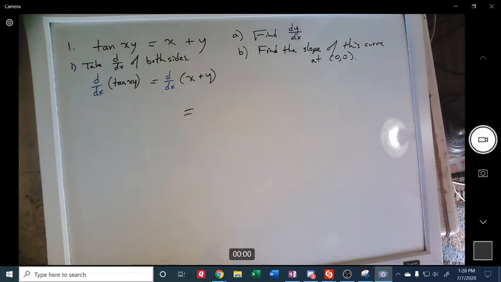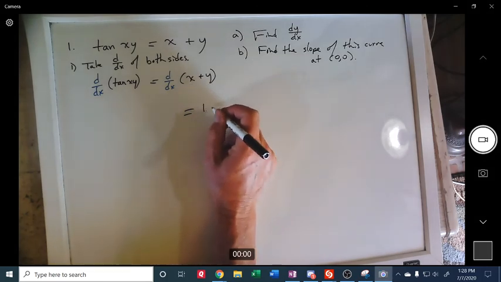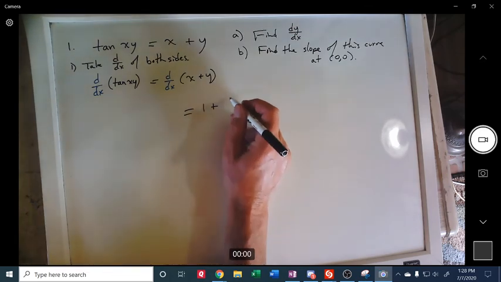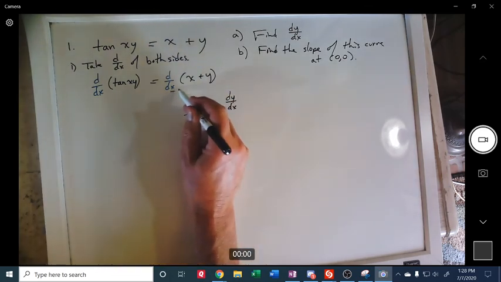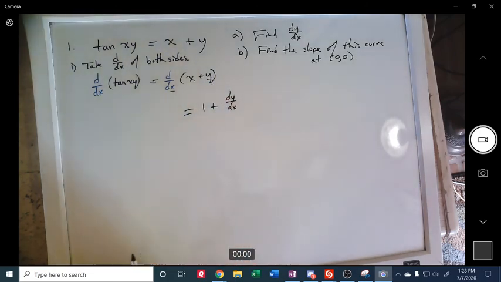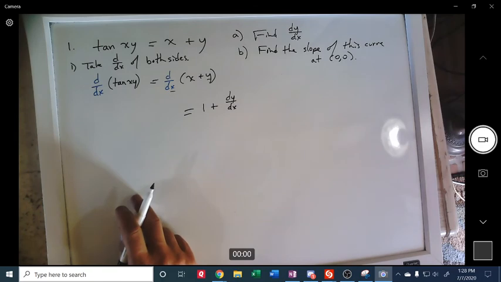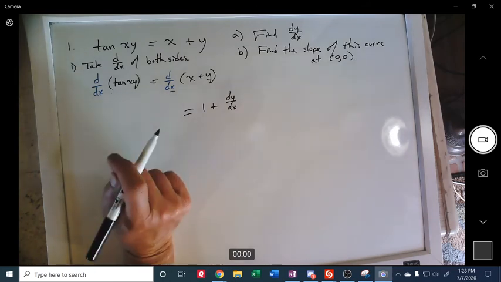Alright, so the right hand side, take the derivative of x with respect to x, I get 1. Take the derivative of y with respect to x, since they're different, I get dy dx. That letter and that letter didn't match up exactly, so we get that. Over here, by the chain rule, I think of the tangent of something.